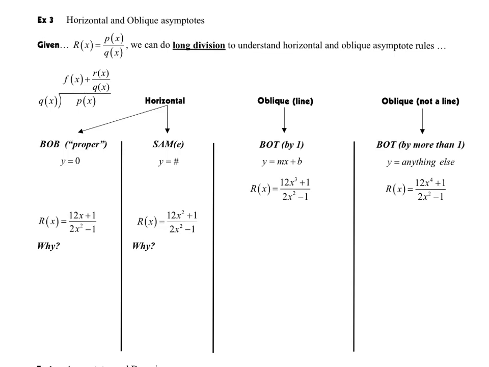In this video, we're going to talk about how to find the asymptotes for a rational function. Remember from the previous video, a rational function is a polynomial divided by another polynomial. Now, I'm going to show you some rules here in a moment, but formally, there's a long division process that's going to happen to find these asymptotes.